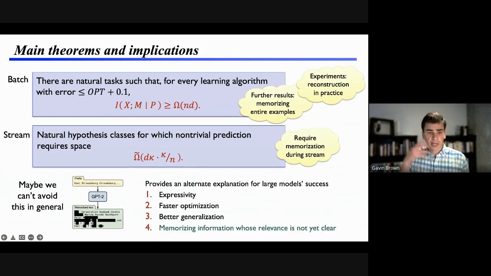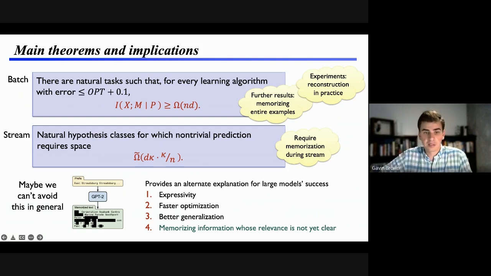We talked about some implications and how this work suggests that maybe we can't avoid this type of memorization behavior in general. And going hand in hand with that, we suggest an alternative explanation for why large neural networks succeed in practice.